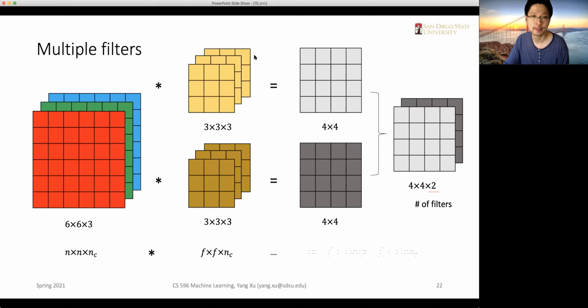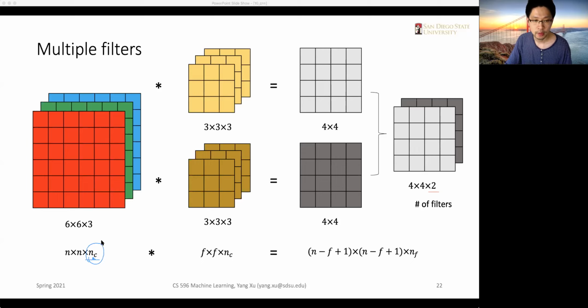All right, so that's the general principle of applying multiple filters. Again, let's pay attention to 2 places. First of all, the input has multiple channels, and let's use n with subscript c to indicate the number of channels in the input.